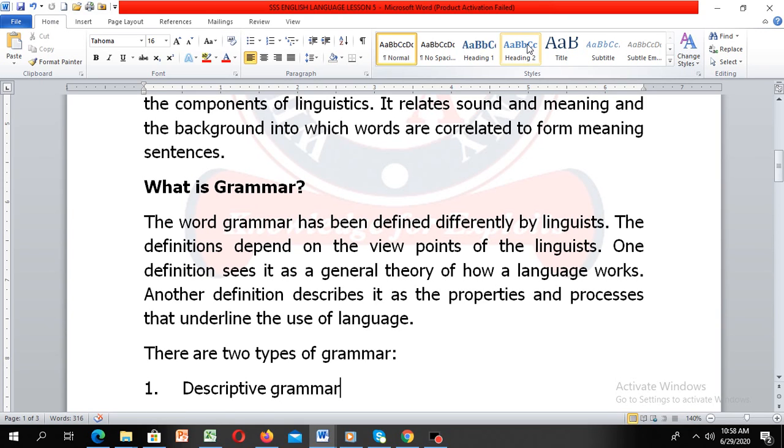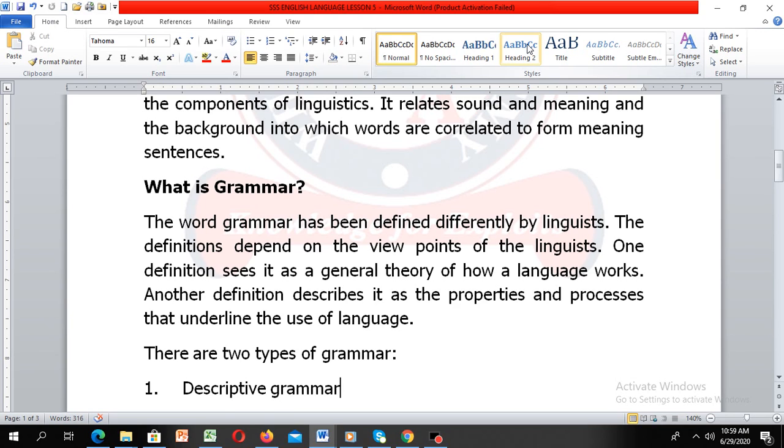Those that study English language are the ones I am referring to here. The definitions depend on the viewpoints of the linguist. Whatever is the viewpoint of that linguist is acceptable in the language community because of their expertise.